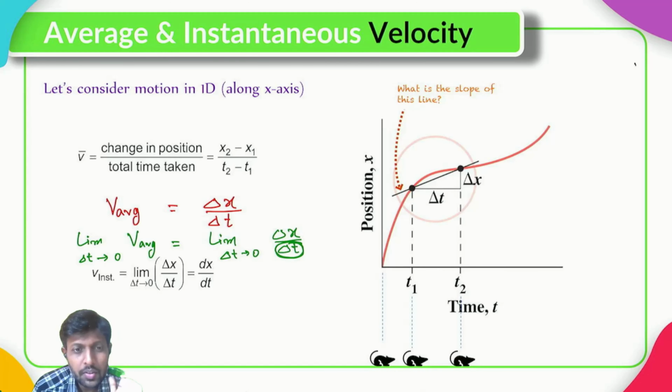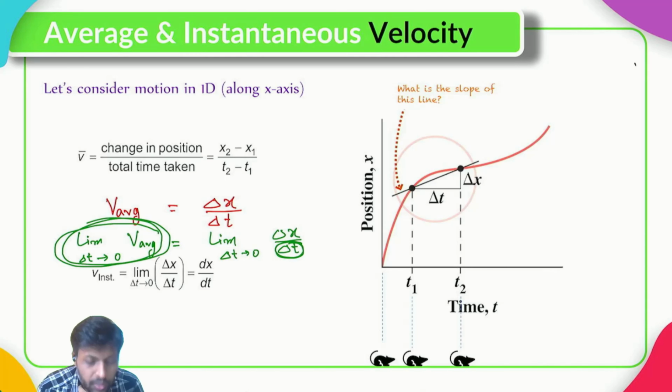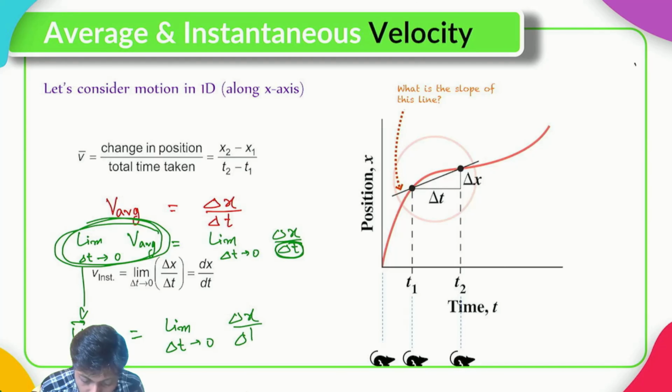So the limit of average velocity when delta t becomes very, very small is actually the instantaneous velocity. That is it. So this is your V instantaneous, and it is limit delta t tending to 0, delta x upon delta t.